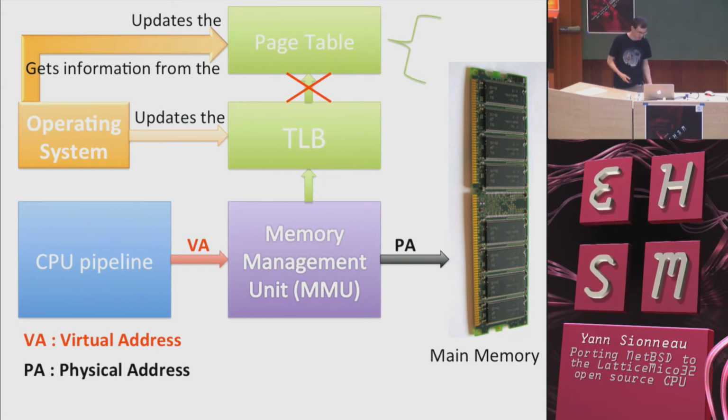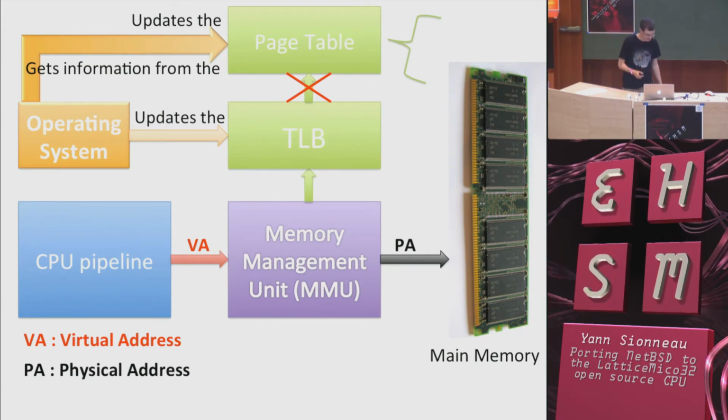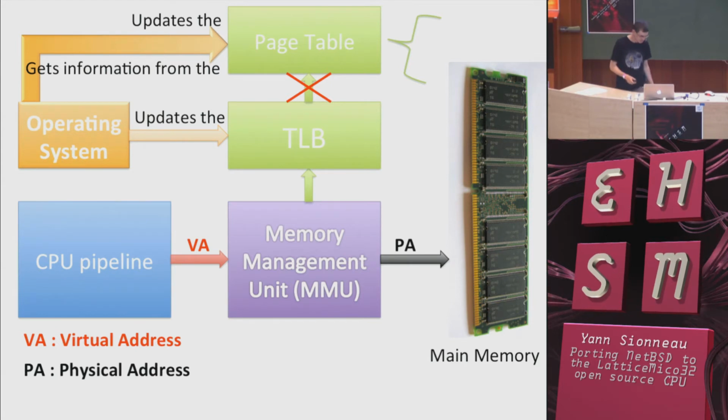So it's going to be a bit slower, and when there is no information in the TLB, a bit of code will be executed to fetch in the page table and update the TLB. So we say the TLB here is entirely managed by software, not by hardware.